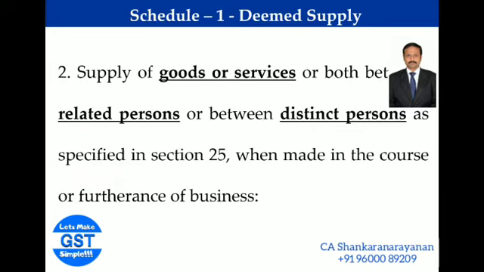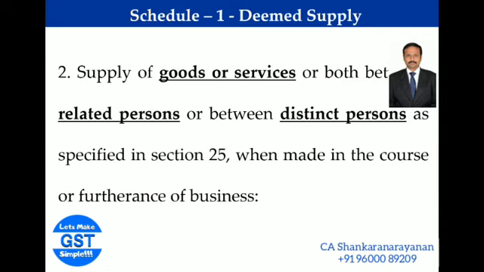You are deemed to be a person making a supply, which is deemed under Schedule 1, and you are liable to pay GST on that. So transactions of goods or services between related persons or distinct persons without consideration shall be deemed to be a supply. Related person is defined under section 15 explanation. Distinct person is defined under section 25 subsection 4 of the CGST Act.